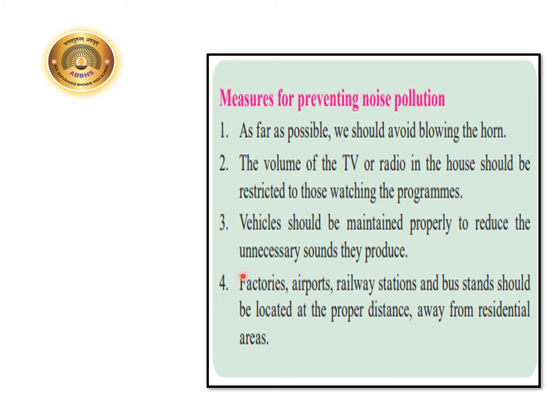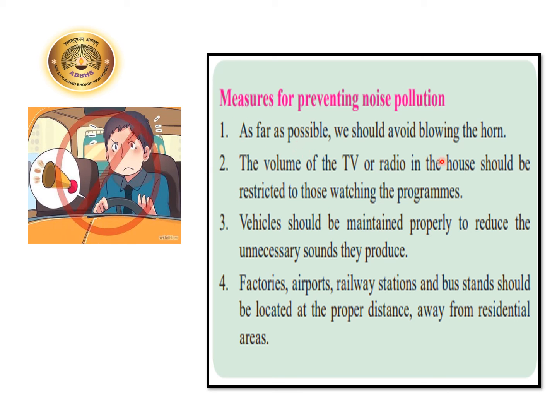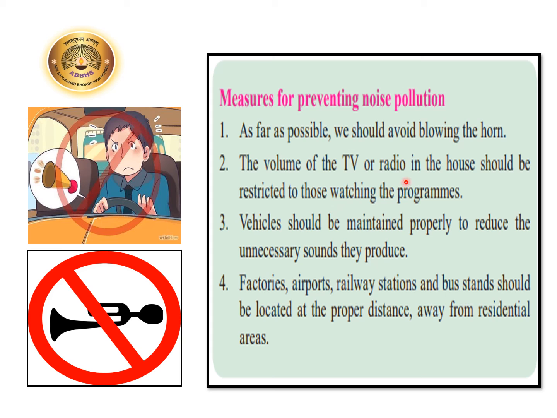Now let's learn about measures for preventing noise pollution. As far as possible, we should avoid blowing the horn. The volume of the TV or radio in the house should be restricted to those watching the programs.